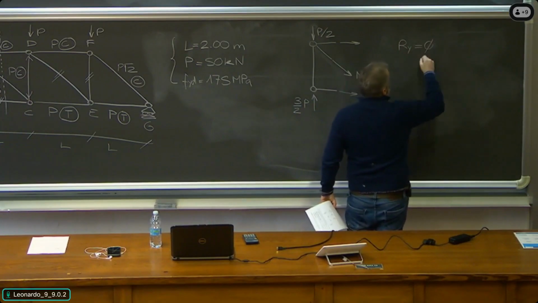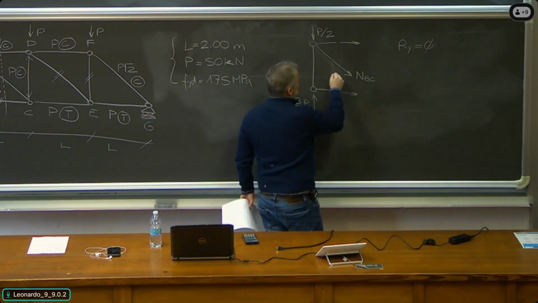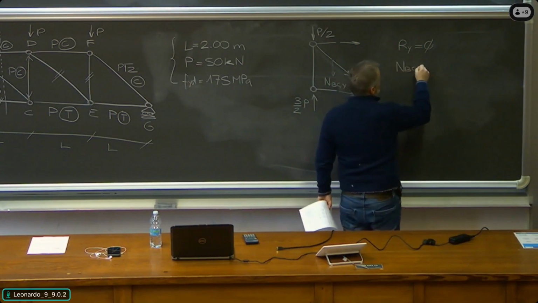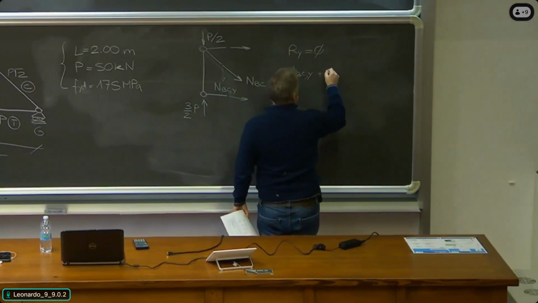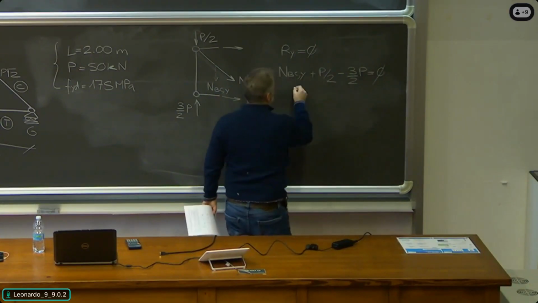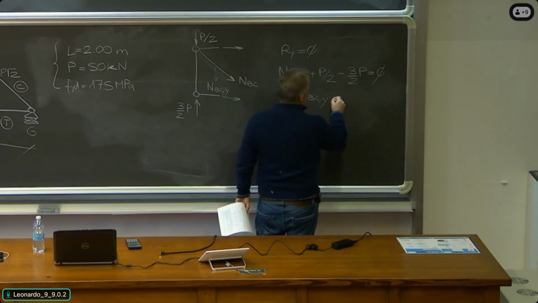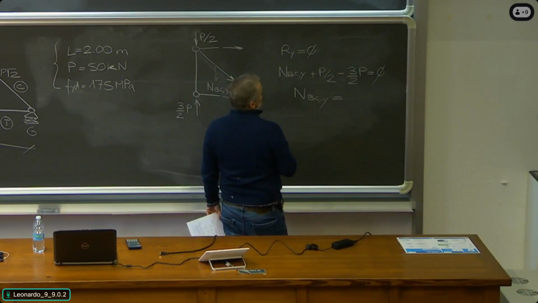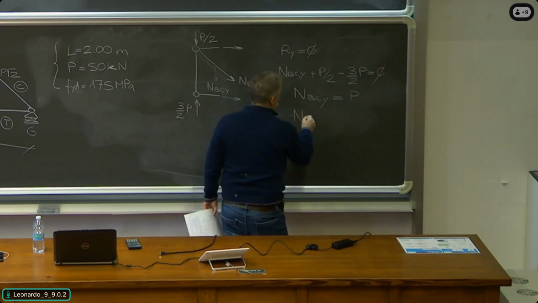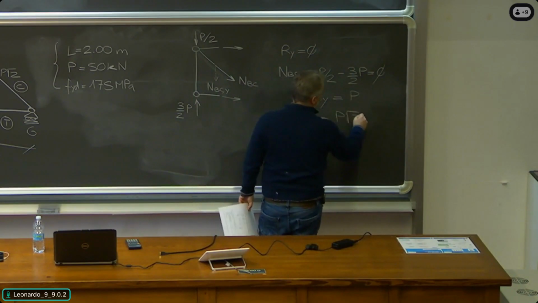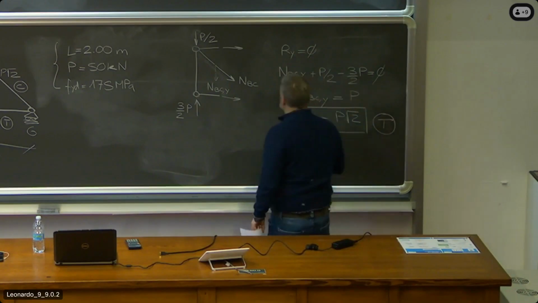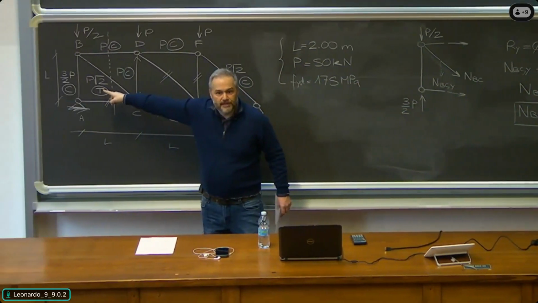Ry equals 0, which means NBCY pointing downwards plus P divided by 2 minus 3 divided by 2 P equal 0, meaning NBCY is equal to, this reduces to minus P. On the right-hand side, it becomes plus P, which means NBC is equal to P square root of 2, tension, as we previously worked out.